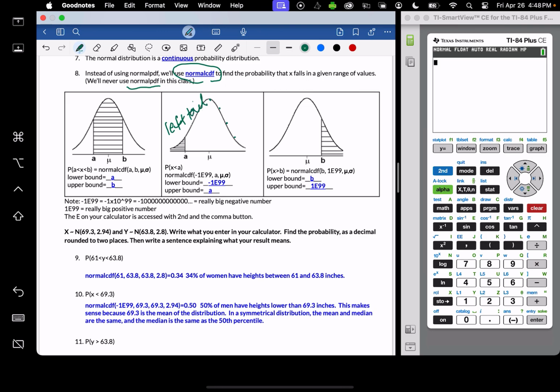Then we use negative 1e99 for our lower bound and A for our upper bound. And it just takes a little getting used to, but I don't think this is that big of a deal. Right tail here. So when we have a right tail, then B is the lower bound and 1e99 is the upper bound. And again, this is what I mentioned before. That is just a really big negative number, and this is just a really big positive number.